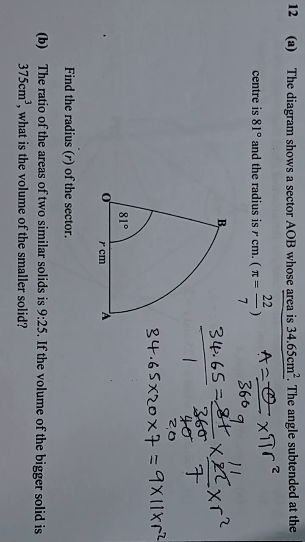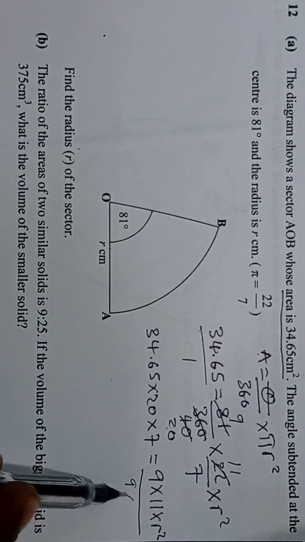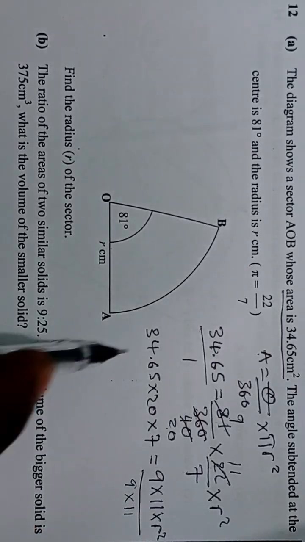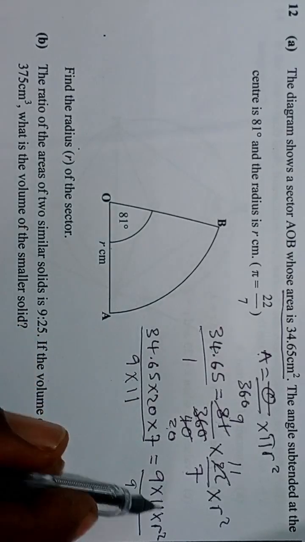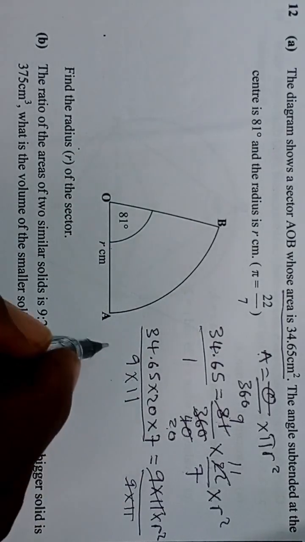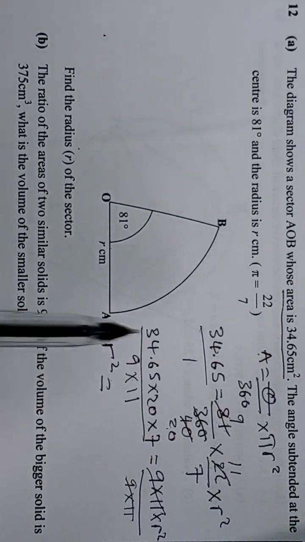From there, we are going to divide both sides by 9 times 11. So this goes, and r squared equals 34.65 times 20, which is 693, times 7 over 9 times 11.